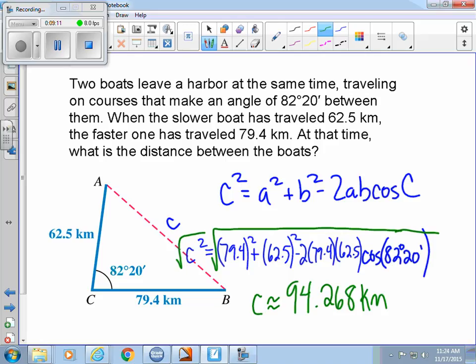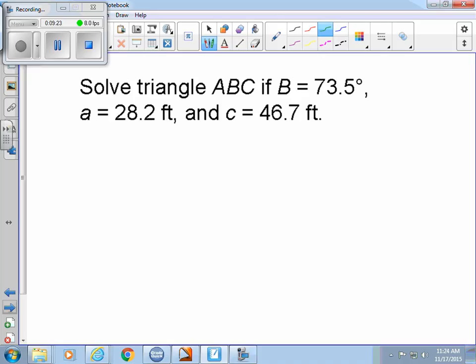So it's 82 degrees, 20 minutes, not 89 degrees. Okay.